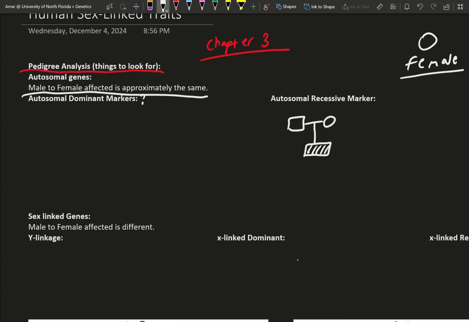And the way we denote affected individuals is by marking them off, by coloring them in. So the marker for autosomal recessive is something like this, where we have two individuals that are not affected by a trait, and they have an affected son or daughter.